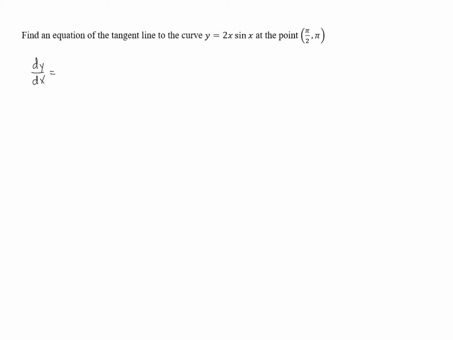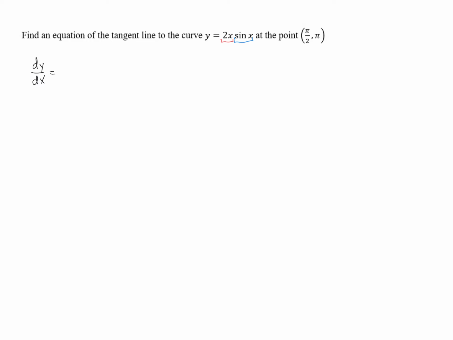Here we can see that our function is a product of two smaller functions. It is 2x times sine of x. You could actually leave the 2 out front, it doesn't quite matter, but let's just split it up that way. That seems to be the simplest way.